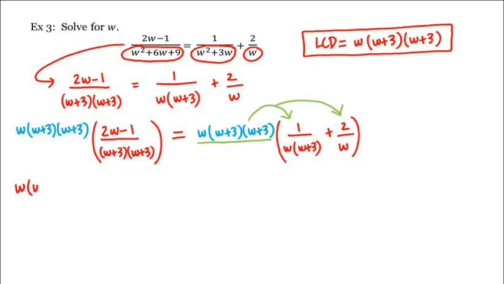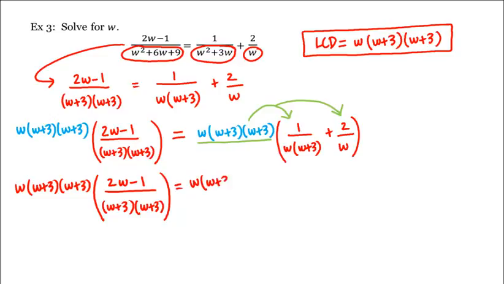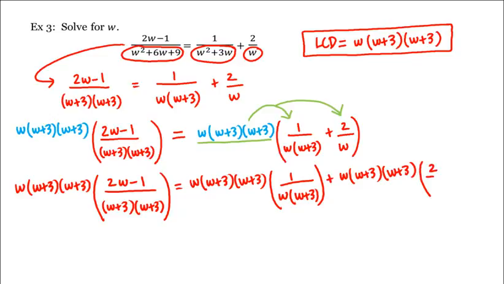which gives us w times w plus 3 times w plus 3 times 2w minus 1 divided by w plus 3 times w plus 3 is equal to w times w plus 3 times w plus 3 times 1 divided by w times w plus 3 plus w times w plus 3 times w plus 3 times 2 divided by w.